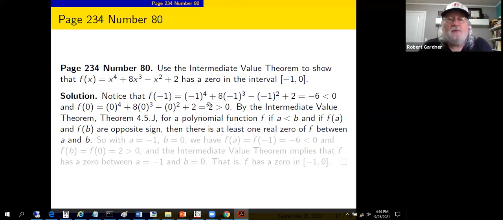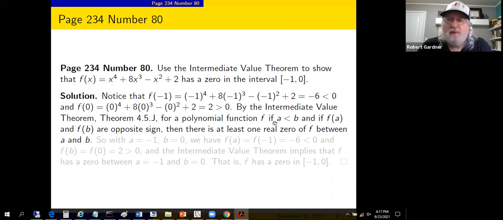Plug -1 into the function, parentheses around the -1 as it's been inserted in these three positions where there's x's, produces a value of -6. The important thing about -6 is it's negative, less than 0. If we plug the other endpoint in, 0, then we get out 2, which the important thing about 2 in this case is that it's positive. So this function is negative at -1 and it's positive at 0.